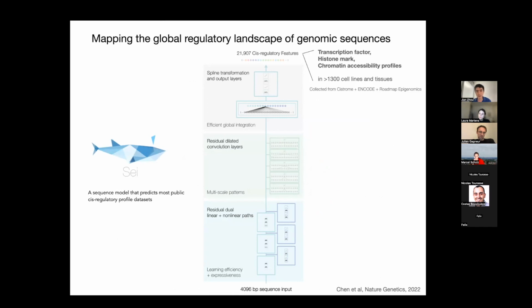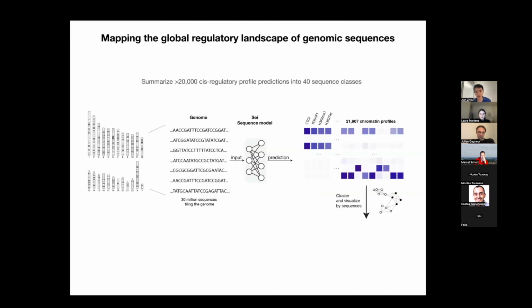In the same model, we used all of the profiles from the system, which processes publicly available chromatin profiles, and also integrated ENCODE and Roadmap, which taken together is more than 20,000 different cis-regulatory profiles, right? Now we can make predictions for all of those profiles, but we really need an easy way to understand those 20,000 profiles. We want to summarize them into a smaller vocabulary that we call sequence classes.